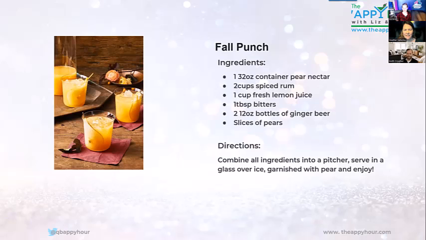And this is very fall as well. That looks so good. It's very fall, and I am going to drink this. I actually have two 12-ounce bottles of ginger beer in my fridge. Don't have any pears, but I'm going to get some. I think the only thing I need are the pears and the nectar. Oh my gosh, I have everything else. The ginger beer, I love it. Me too.